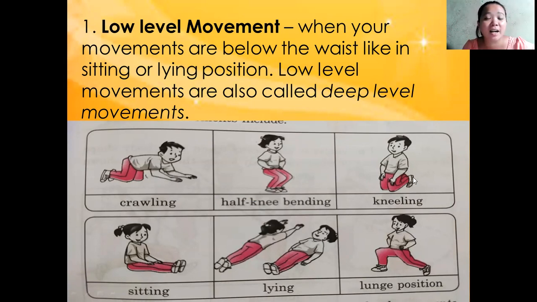Okay, so these are the low level movements. Low level movements are also called deep level movements. So these are the examples of low level movements: crawling, half knee bending, kneeling, sitting, lying, and lunge position.